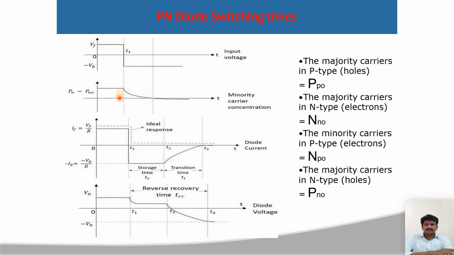Once you change the input voltage to negative polarity, in the reverse direction you can have a large current in the diode with the negative polarity. But actually in reverse bias, it should not conduct when you apply the reverse bias. It takes some time to stop conducting. Here we have the storage time and this transition time. In the transition time, it gets back to the non-conducting state in reverse bias.